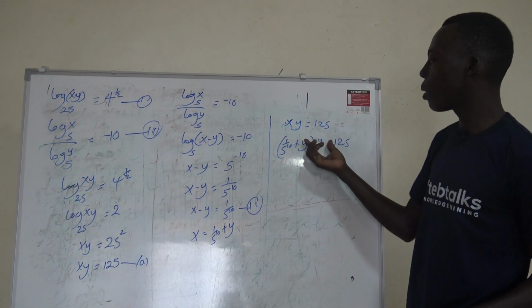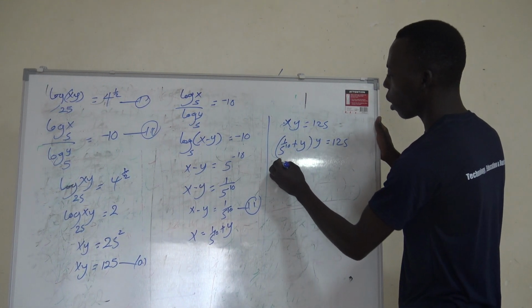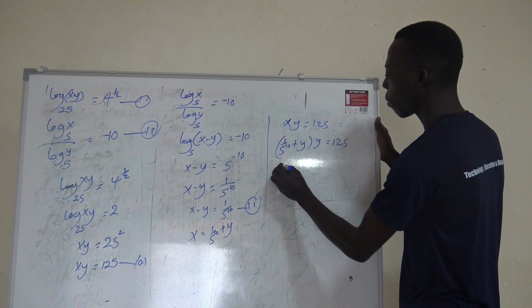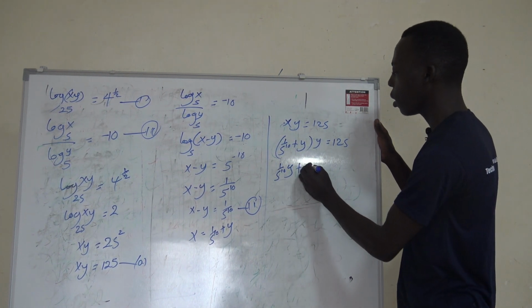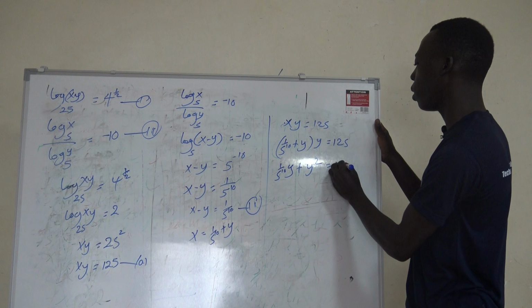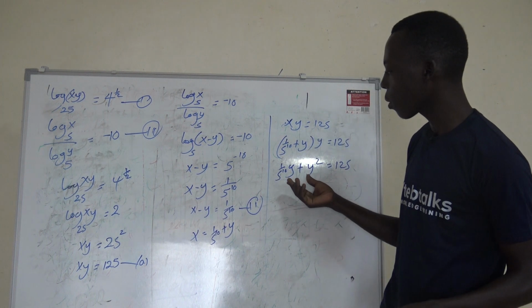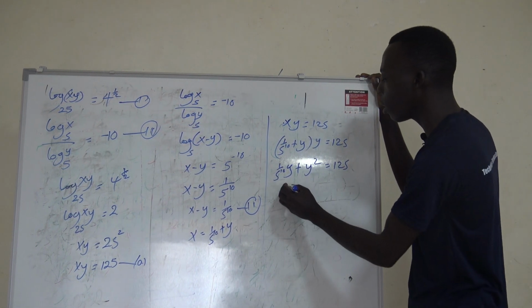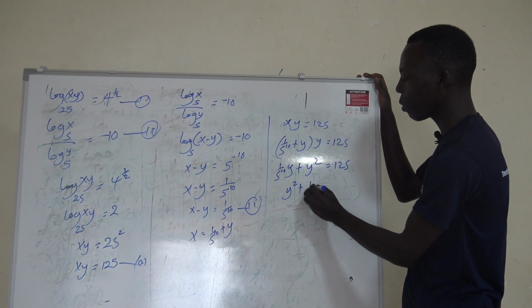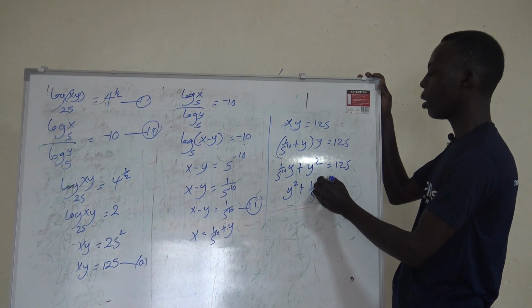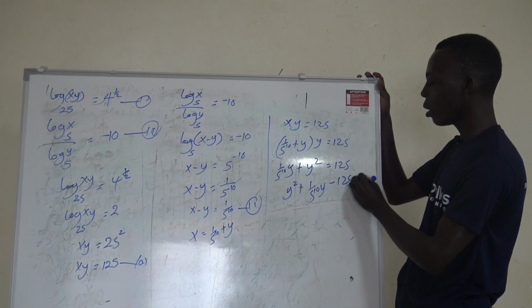Then we multiply this one times everything which is here. So this becomes 1 out of 5 power 10 y, then plus y squared equals 125. After getting that, this is the quadratic equation, which is y squared plus 1 out of 5 power 10, then y, then the 125 comes to this side, which is minus 125 equals 0.